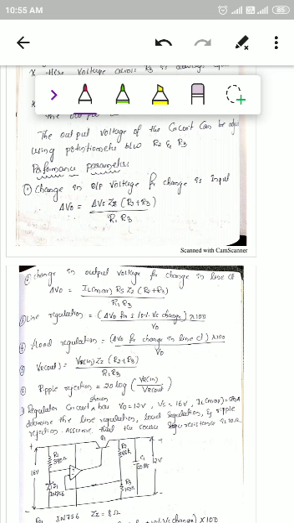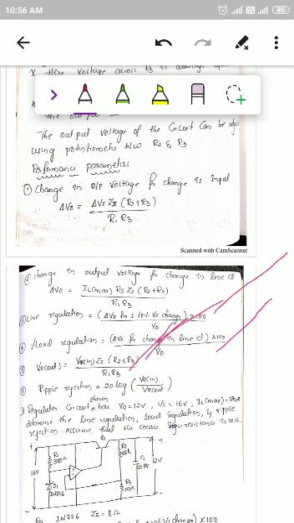The line regulation formula remains the same: delta V naught for a change of 10% of V in, into 100, divided by V naught. The load regulation is also delta V naught for a change in the line current, into 100, divided by V naught. Those two remain the same. R out is R in into ZZ into the bracket of R2 plus R3 divided by R1 R3.